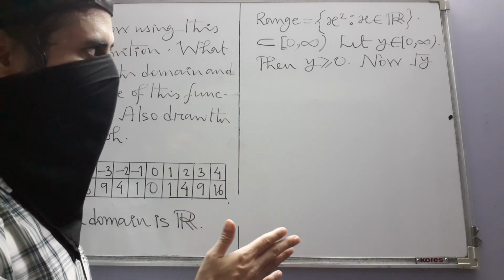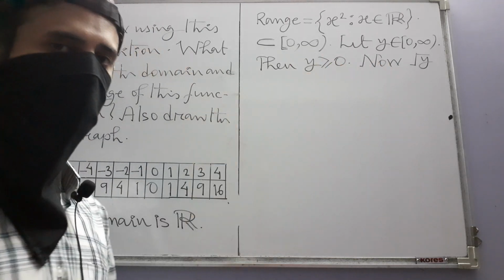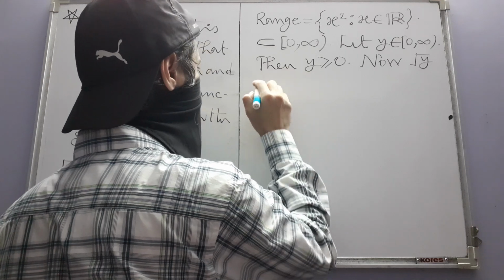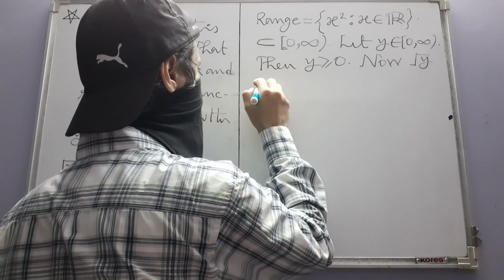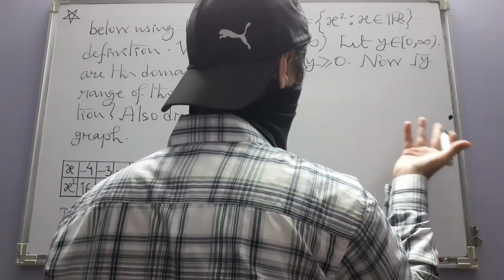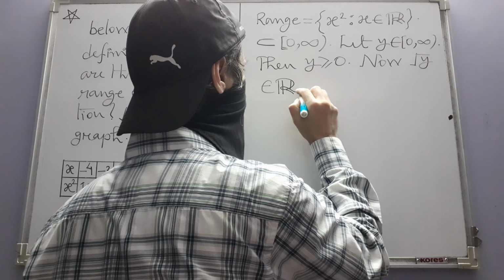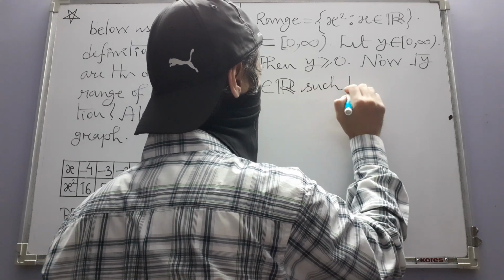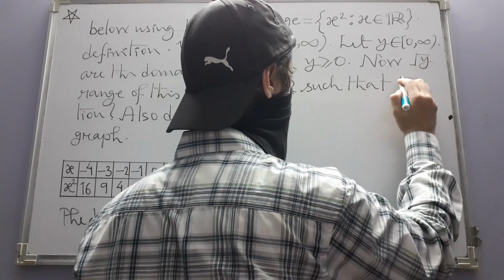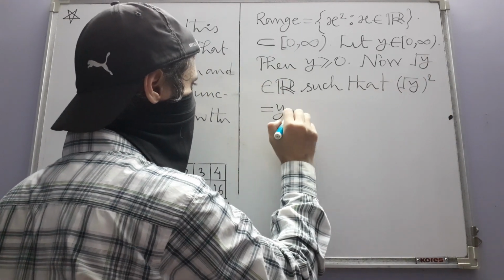We just take it for granted that when y is non-negative, something like square root of y exists, which is also non-negative. It's a real number after all. Its non-negativity is not an issue right now, such that its square is equal to y.